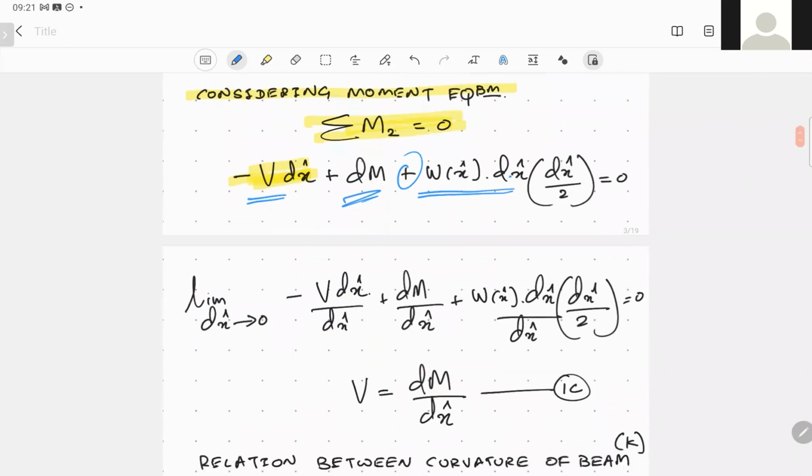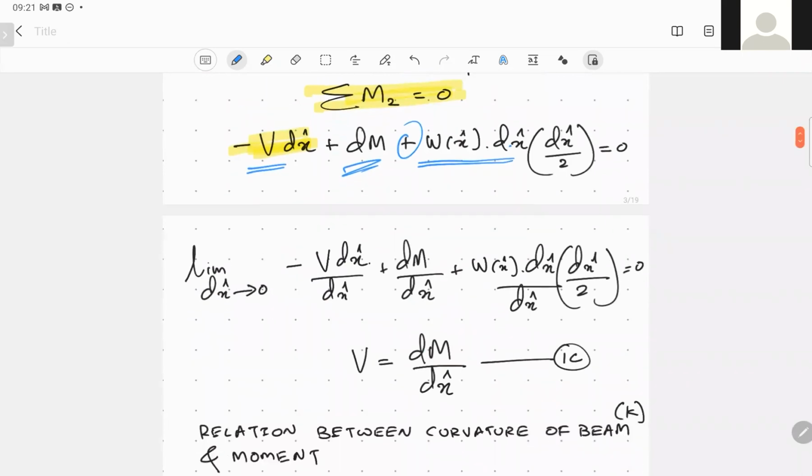So you take the moment equilibrium. Once you get this equation, you divide it by dx hat. So simply take the derivative of this equation by dx hat, and of course apply the limit that dx hat approaches 0.